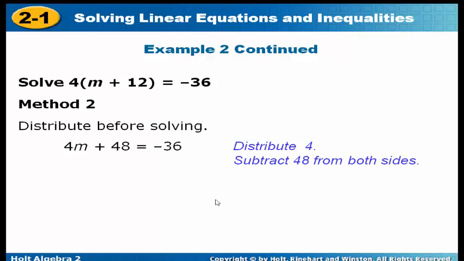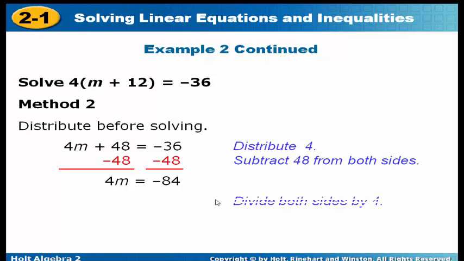So 4m equals negative 36 minus 48, which equals negative 84. Divide both sides by 4, so m equals negative 84 divided by 4, which equals negative 21. This is the second method.